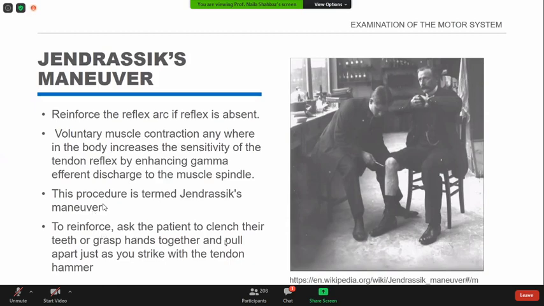To reinforce, ask the patient to clench their teeth when you are examining reflexes in the upper limb, or to hook their hands together and pull apart, just as you can see in this picture, to look for weak reflexes in the lower limb. For the upper limb, you ask them to clench their teeth.